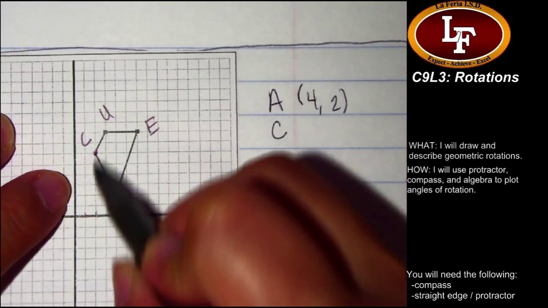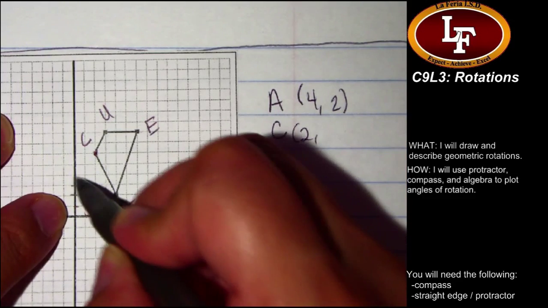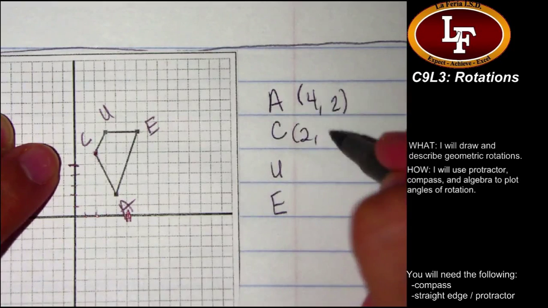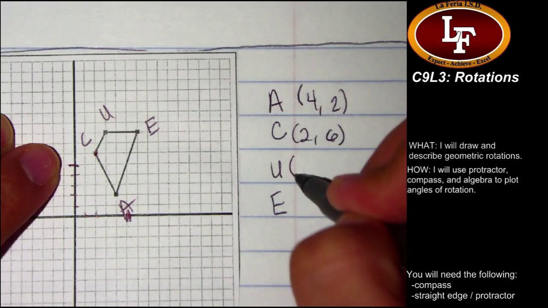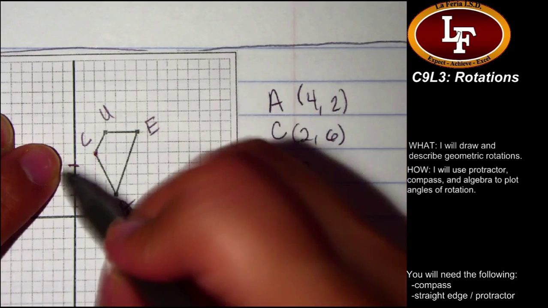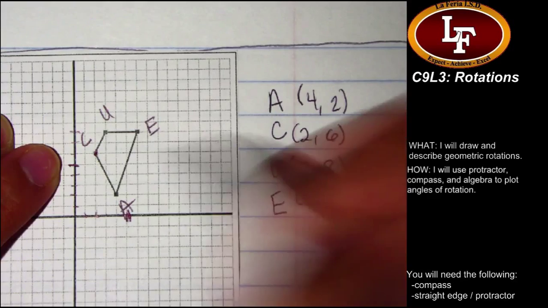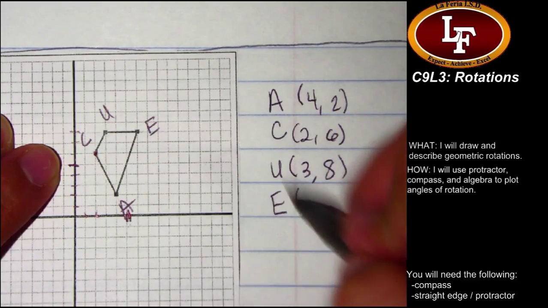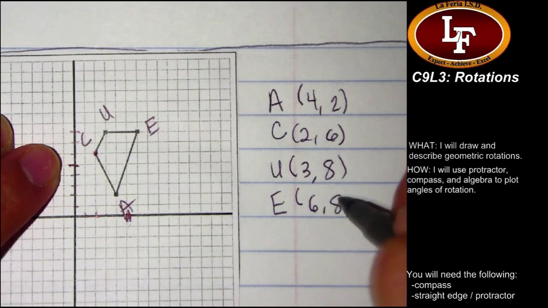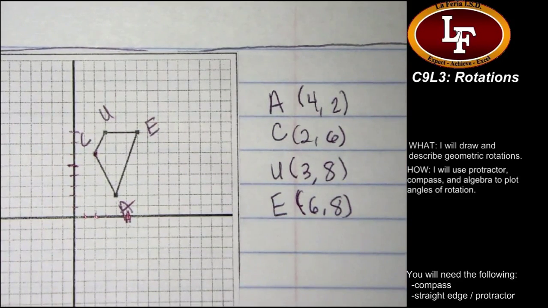C is on 6, 2. U is on 3, 6, 7, 8. And E is on 5, 6, 8. Questions on how I did that?